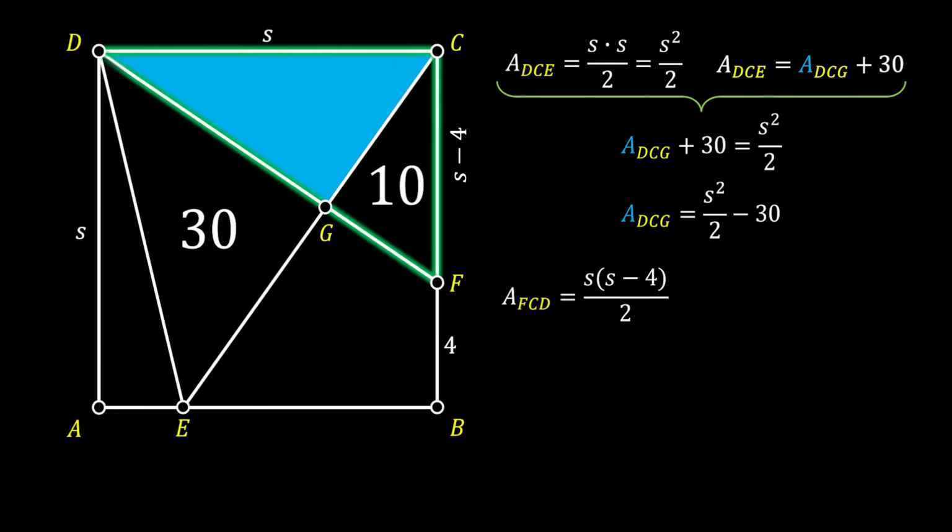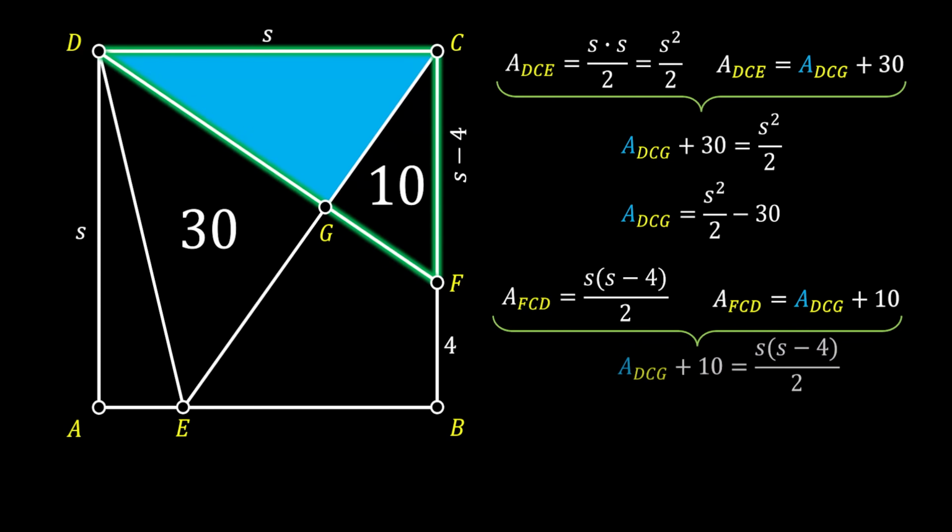Alright, but now what about the triangle FCD? Well, if you take a look at this triangle, you can see that its area also consists of the areas of the blue triangle DCG and the triangle GFC with the area of 10. So again we will combine those two equations, since both of them are equal to the area of the triangle FCD, and we will get the following.